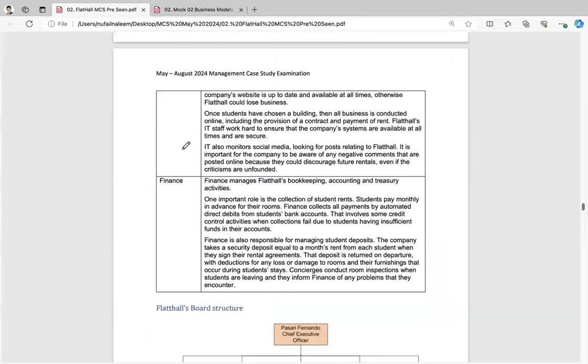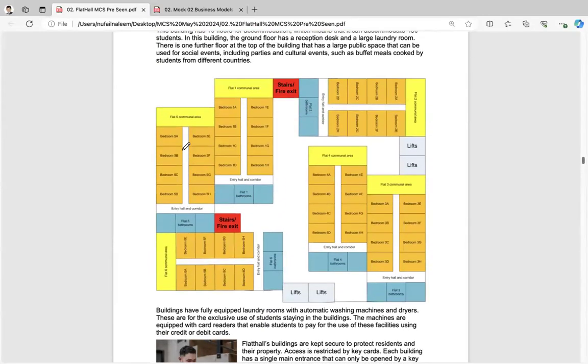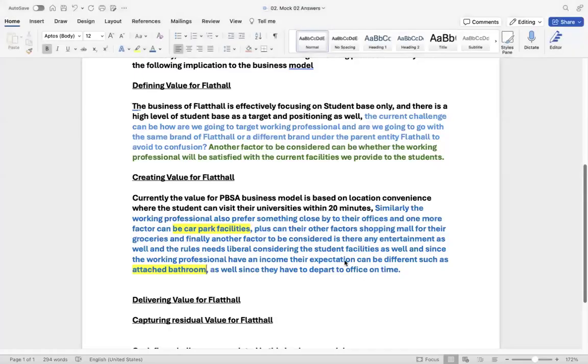Now, you observe our floor area. This floor area is very important. Do we have attached bathroom or common bathroom? We have common bathroom, right? Can I get a double Y in the chat box, students? Working professionals, I don't think common bathroom will satisfy their need. The reason behind that means it will affect their flow. Correct? Can I get a double Y in the chat box there? So that is one more factor.